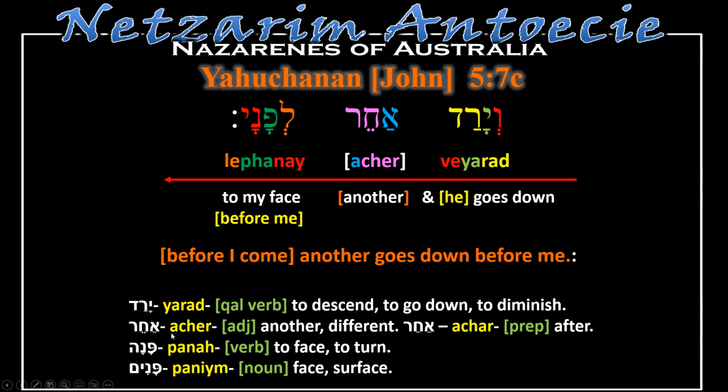And here we have it. Acher, adjective, means another, different. But just so we don't get confused, we also have achar. Achar as a preposition, it means after. But this one means another. Lefanei. And that can be translated to my face, but generally they translate as before me.